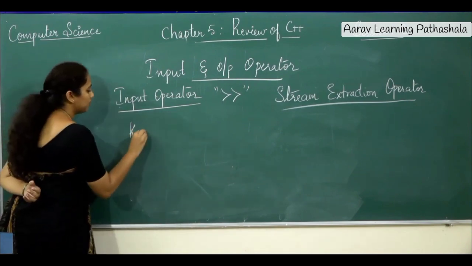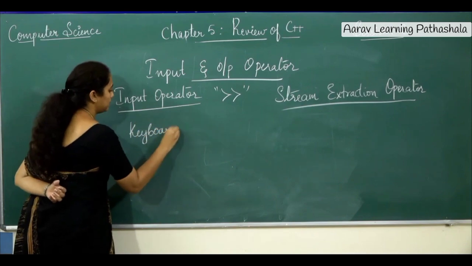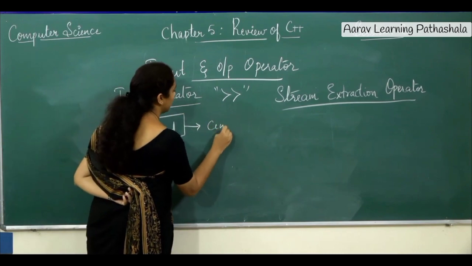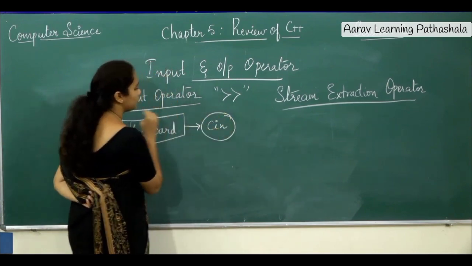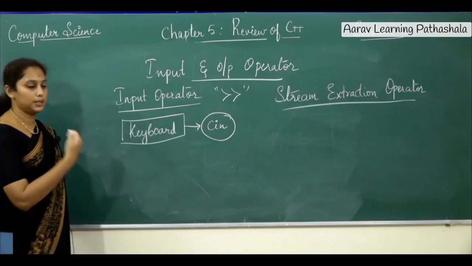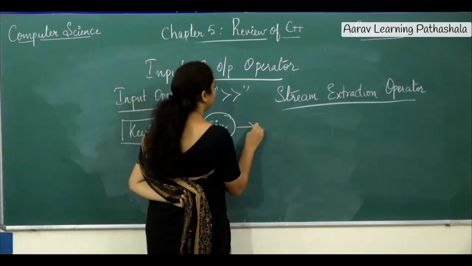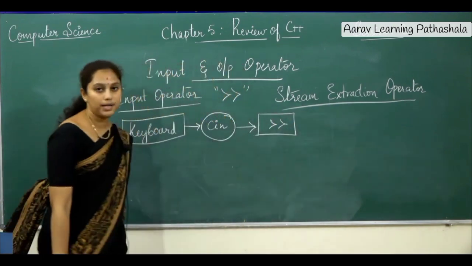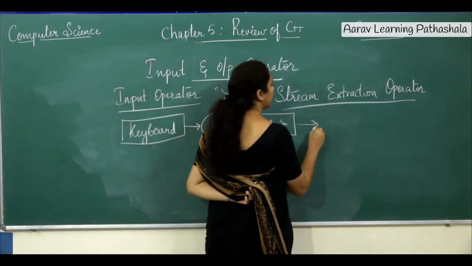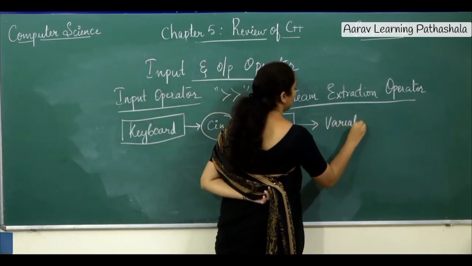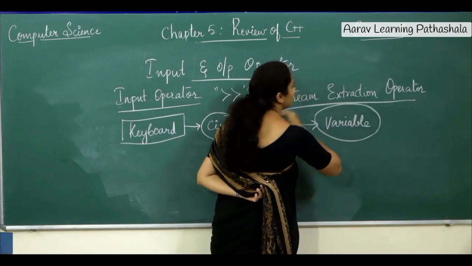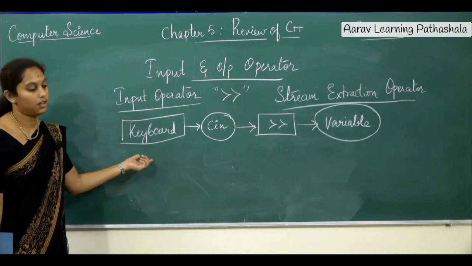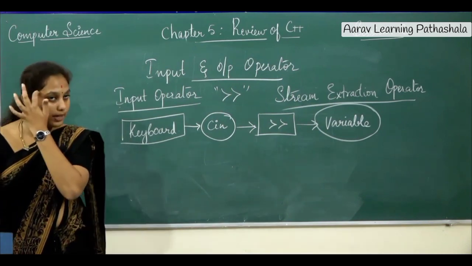The keyboard is a standard input device, followed by an object, that is cin, used to accept input from the standard input device, then followed by an input operator followed by the variable to store whatever input is extracted. So this is about the input operator.